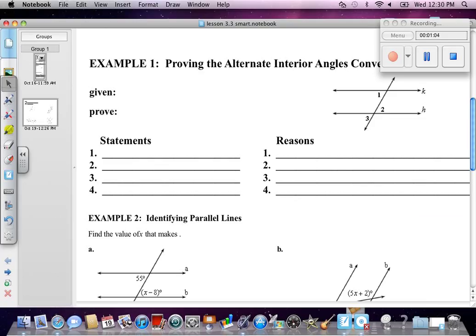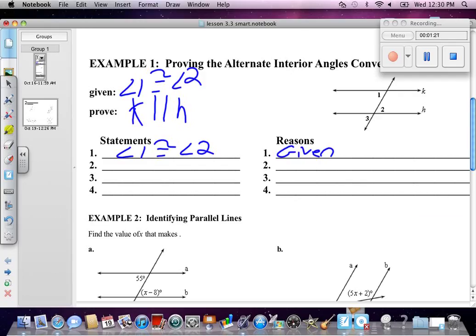So we're going to look at this first proof. We're given that angle 1 is congruent to angle 2, and we're going to prove that K is parallel to H. So first we say angle 1 is congruent to angle 2, given. Then we say angle 2 is congruent to angle 3 by vertical angles.